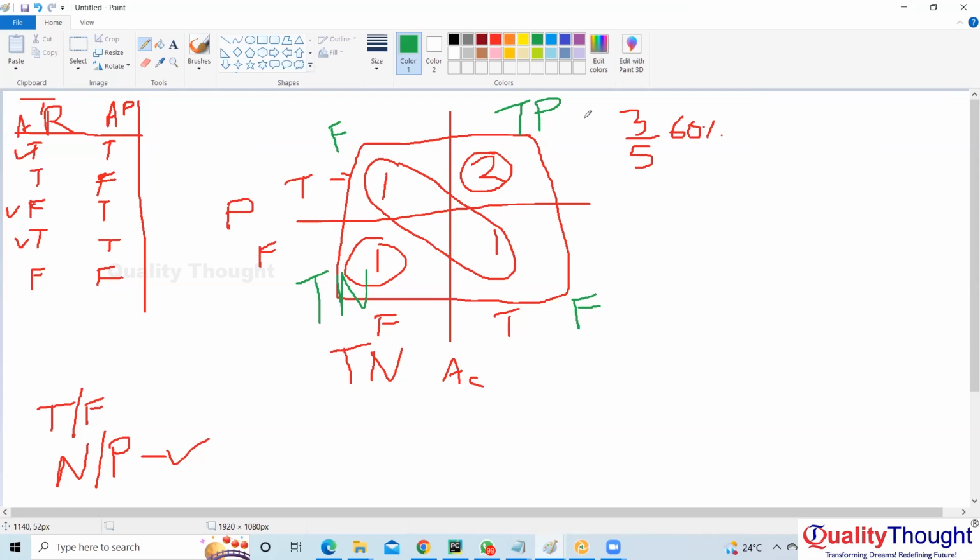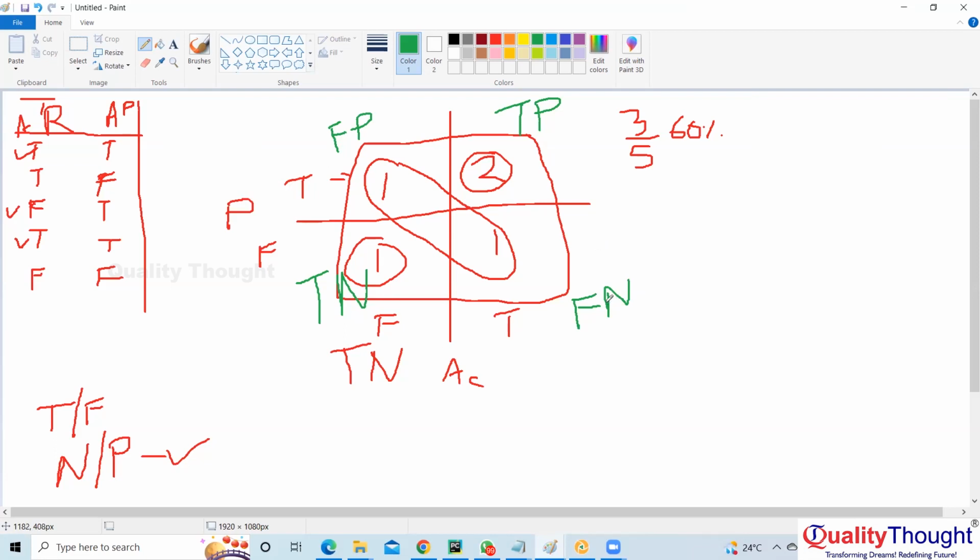False means it's wrong, based on prediction. So in this case, you have true negative, true positive. This negative is false, the false prediction is here, so it is false positive. And this is your false negative.